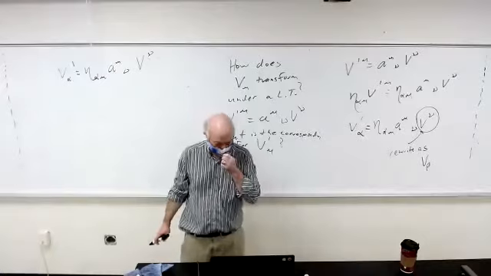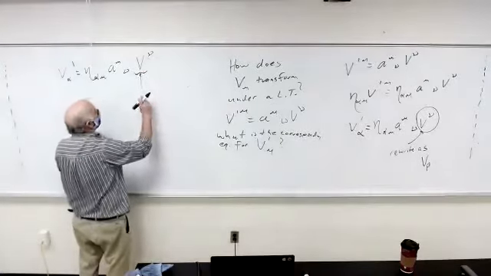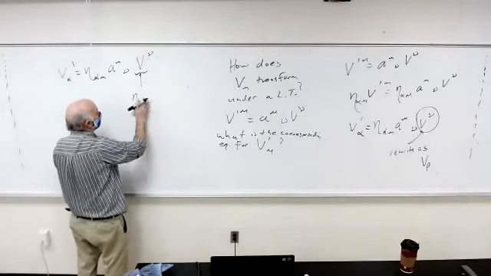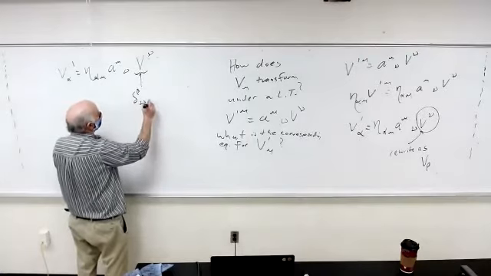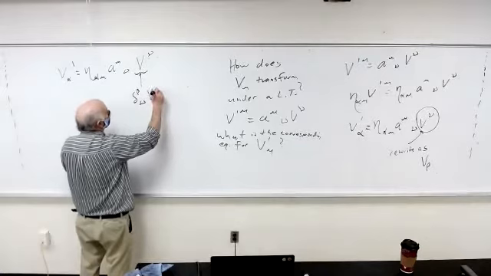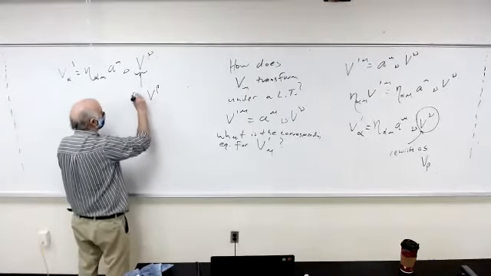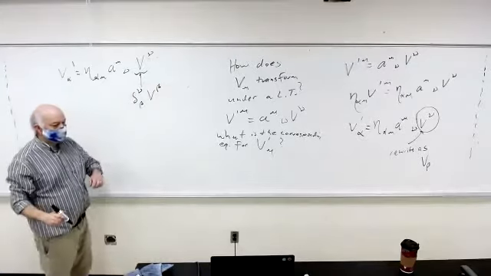Kronecker delta. So I'm going to rewrite this as eta times Kronecker delta beta nu, V beta. Actually, beta nu. That's the same thing.